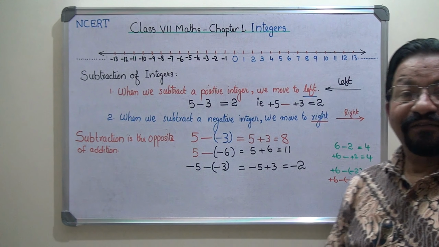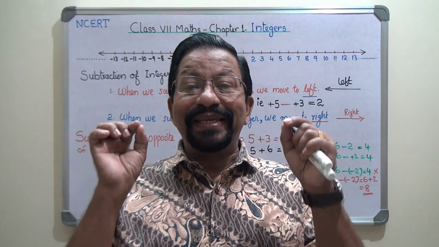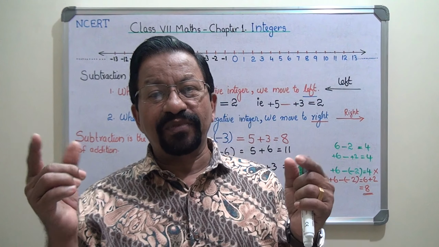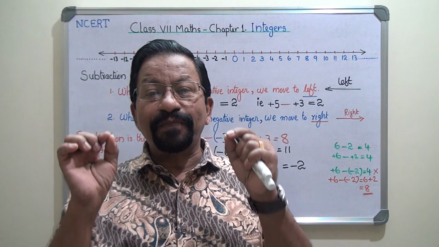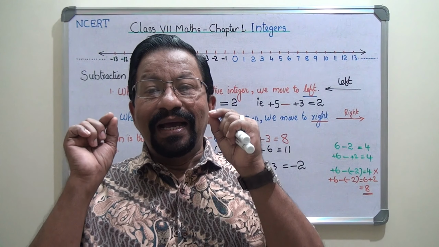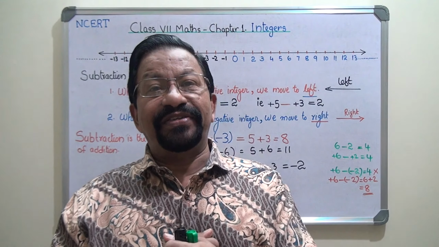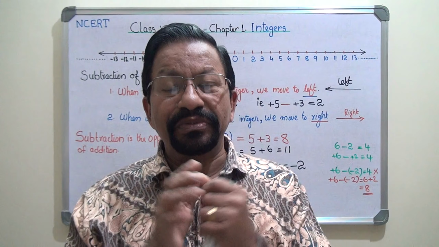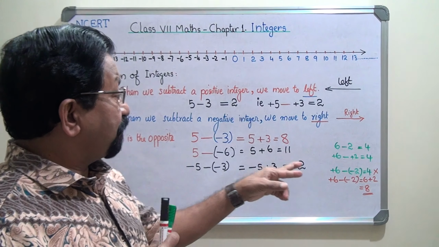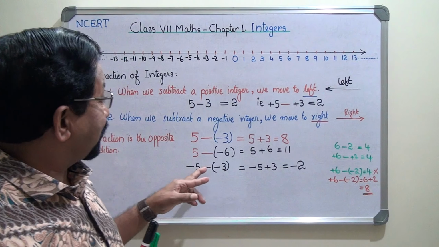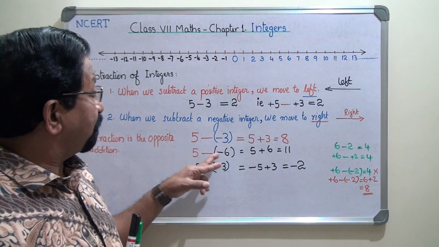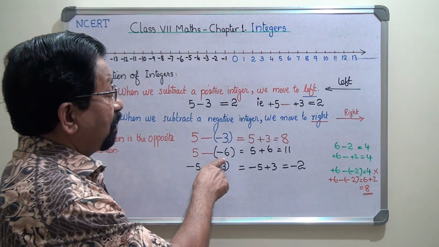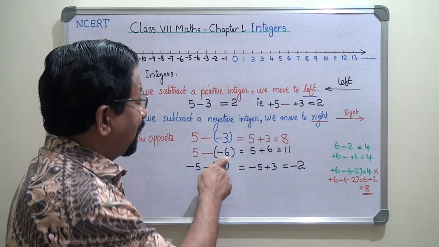It means when we have to subtract an integer from another integer, positive or negative, it is enough to add the additive inverse of the integer that is being subtracted to the integer. Suppose you want to subtract minus 6 from this integer: you take the plus sign, the additive inverse of this, and add it to this.